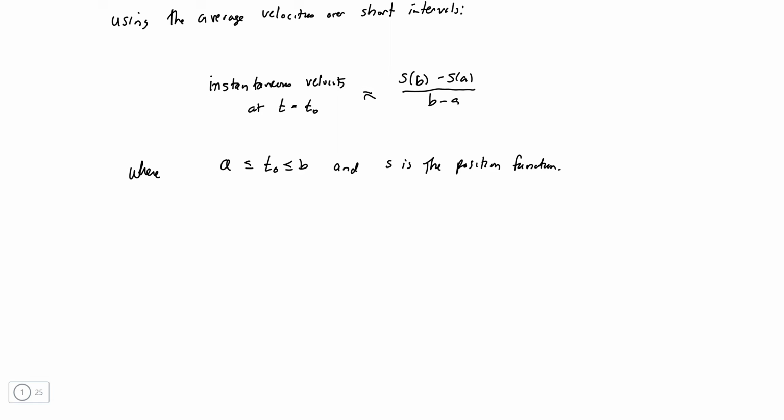So what we saw then was that the closer the a and the b got together, the better our approximation.